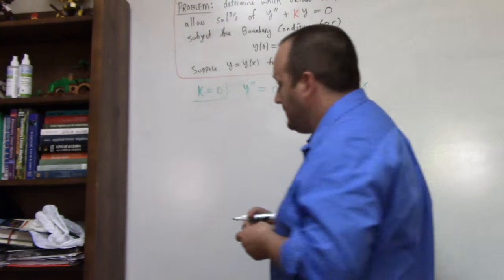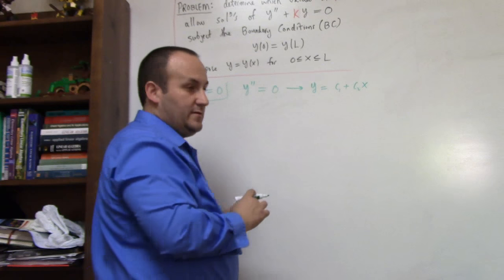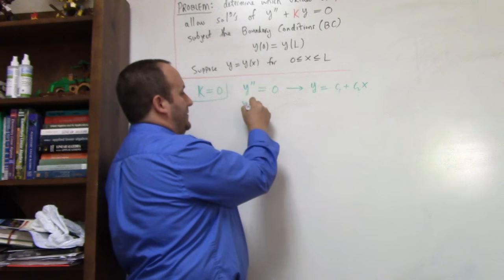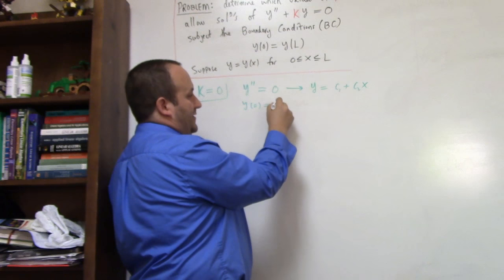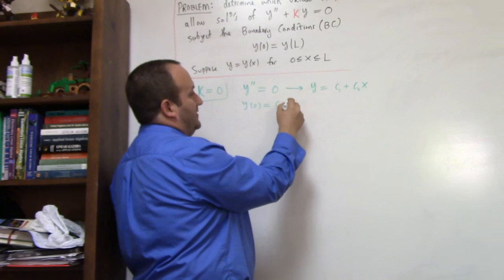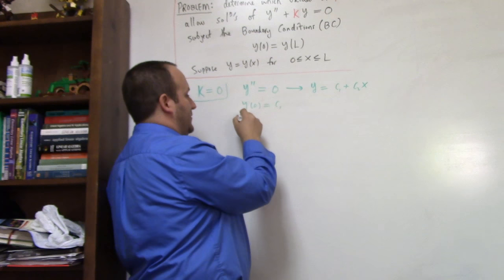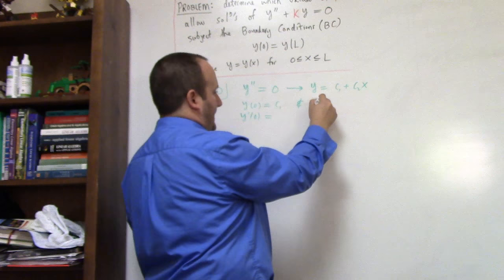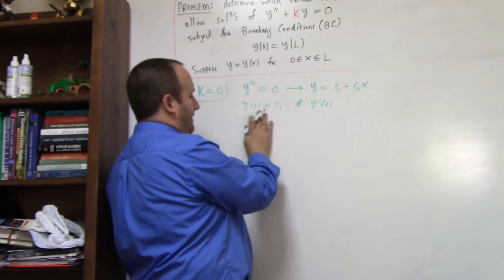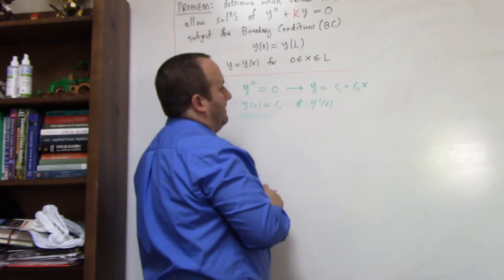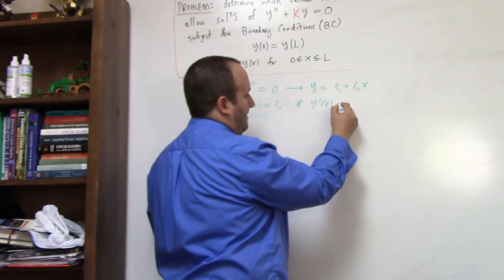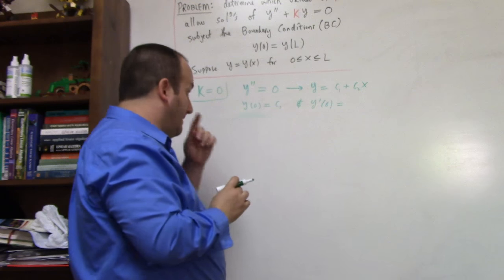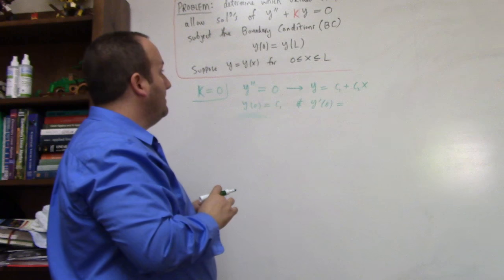Now I have to apply the boundary conditions. So we have y of 0 is c1. And what's y prime of 0? It would be c2.